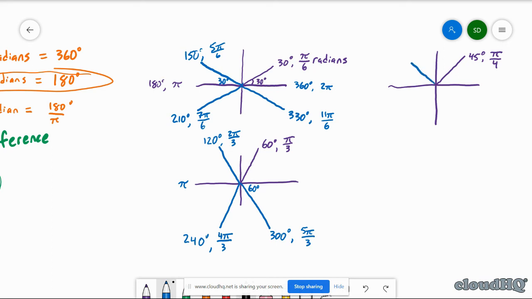So if I go into quadrant 2, I've now gone 45 degrees shy of 180. So that's 135 degrees. How many radians? So here would be a pi. And I'm how much short? I'm 1/4 shy of 1, so that would be 3/4. So 3 pi over 4.